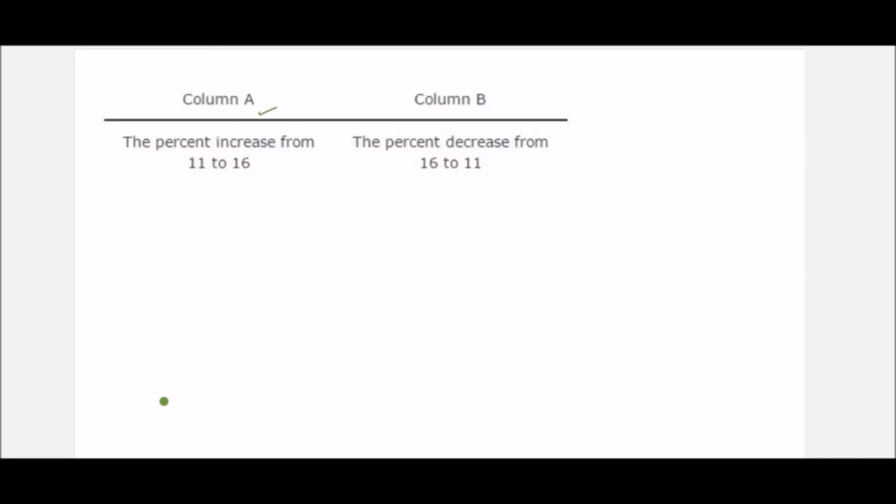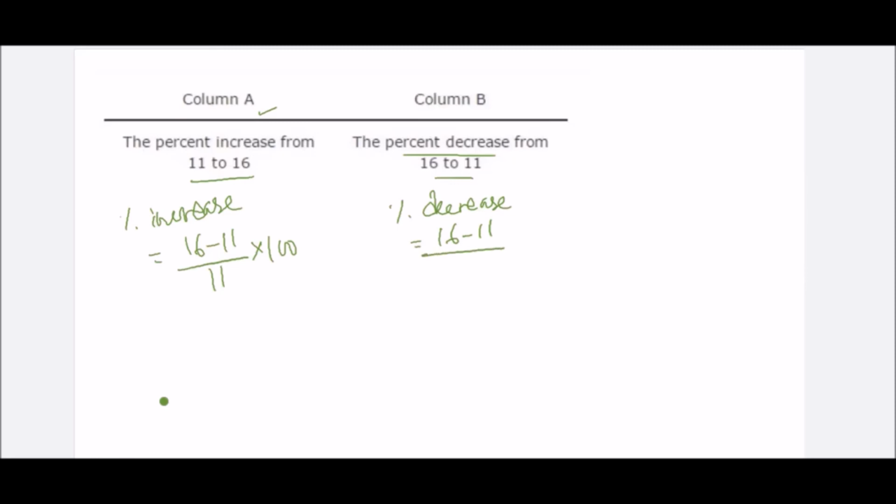For column A, we have to find out the percentage increase from 11 to 16, and for column B we have to find out the percentage decrease from 16 to 11. So first, the increase value: 16 minus 11 divided by initial value into 100, and for decrease also, the decrease amount will be 16 minus 11 divided by initial value 16 into 100.